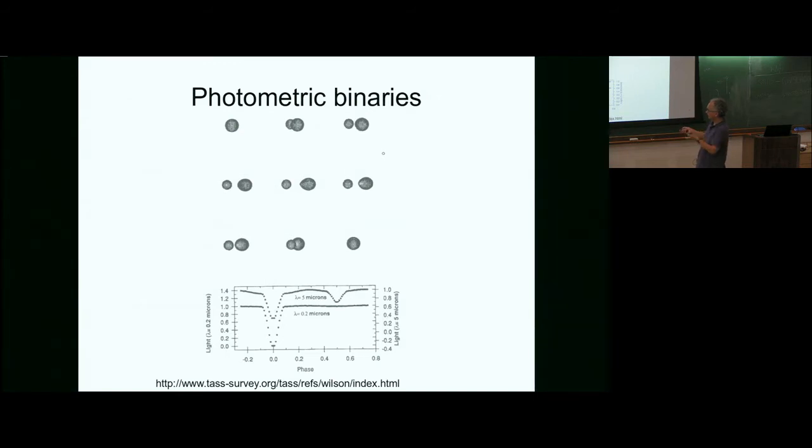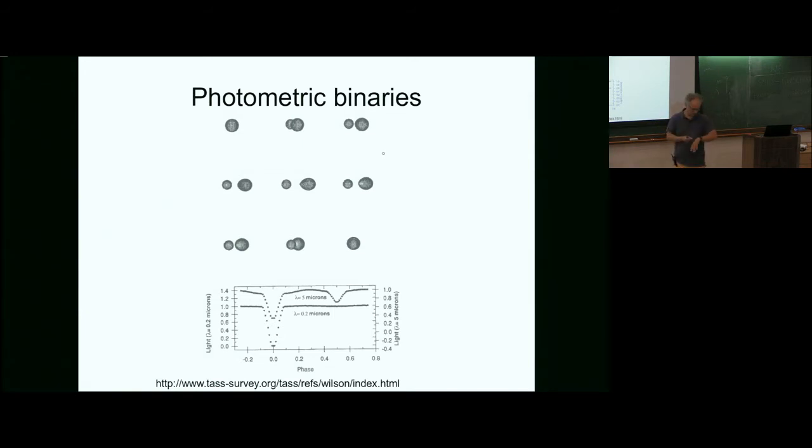At a given wavelength, you will also see different variation, because if the star is distorted, then the temperature on the surface of the star is not going to be uniform, and at different times you will see different variation, because different parts of the star have the maximum of their emissivity at different wavelengths. So this is an example of such a star.